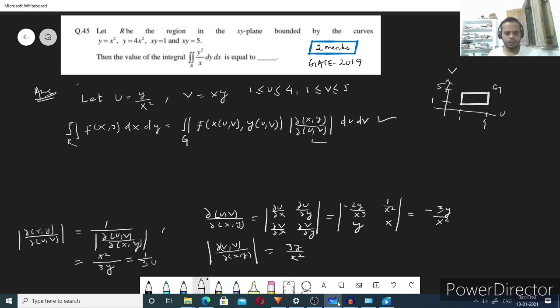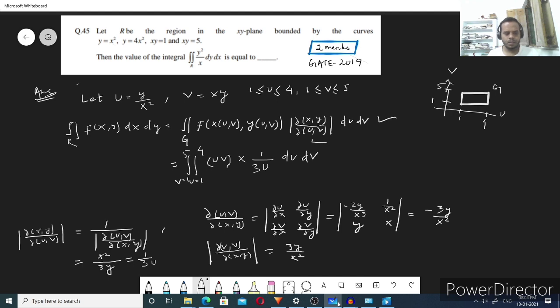Just doing the things: u equals 1 to 4 and v equals 1 to 5. In place of y square by x, the function, this can be written as u into v. If we multiply u into v, it becomes y square by x. That's why I am writing u into v, and from the Jacobian we get 1 by 3u, with du dv.